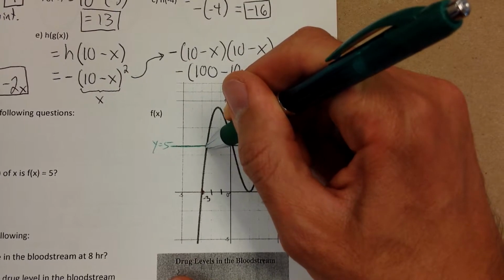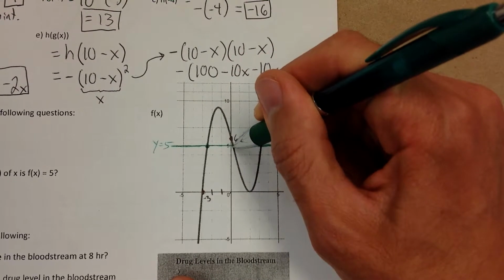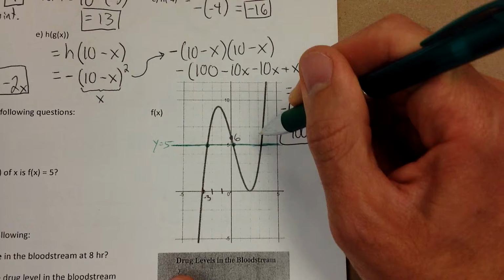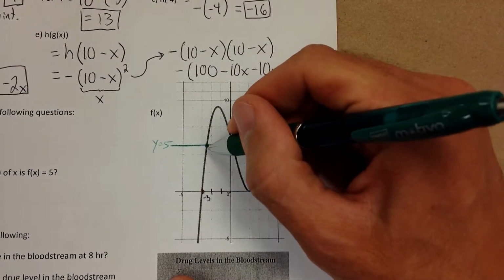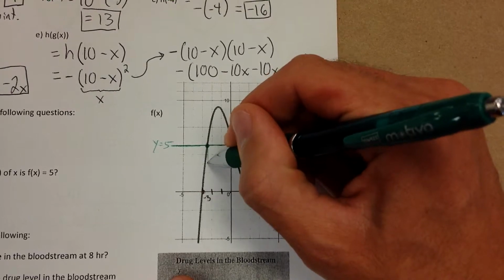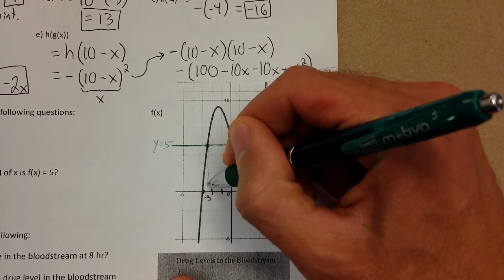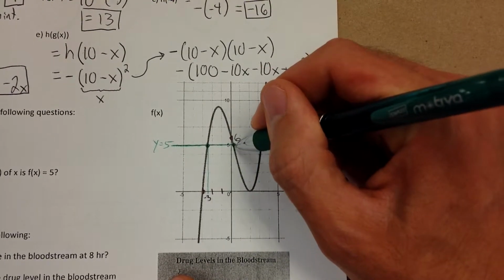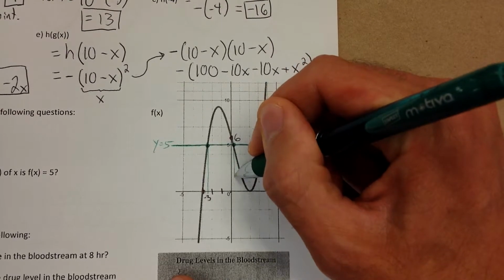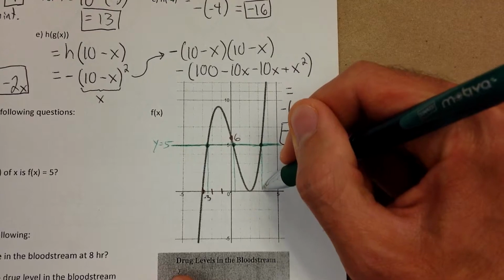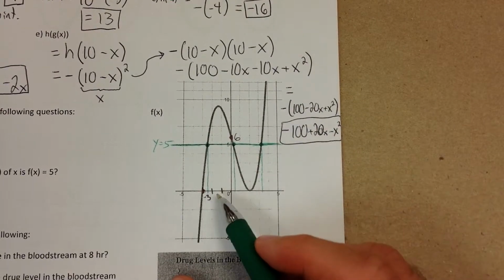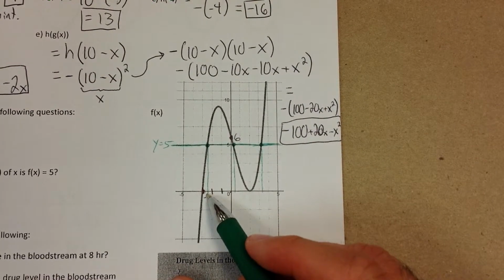So find out where the function crosses this line. Here's the trickier part. You have to go down to the x-axis to figure out what those values are. And I just said approximate. So what's an approximate value of this x value?